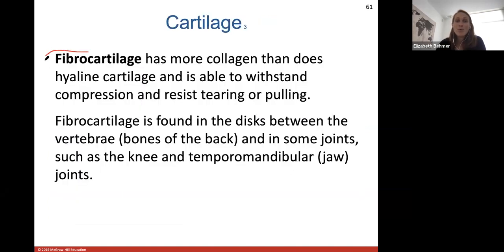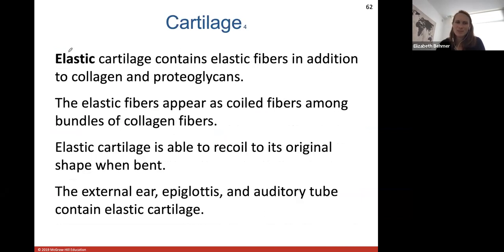Fibrocartilage has more collagen, and it's able to withstand compression and resist tearing and pulling. We'll find fibrocartilage in your discs between the vertebrae and in some of your joints like your knee and your temporomandibular, your jaw joint. And then the third type of cartilage is elastic cartilage. It contains elastic fibers.